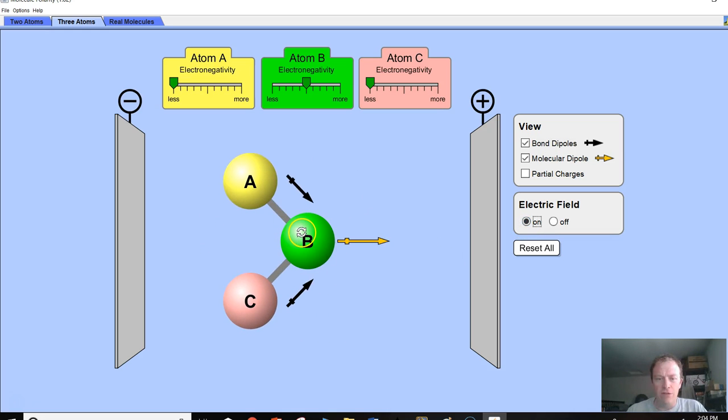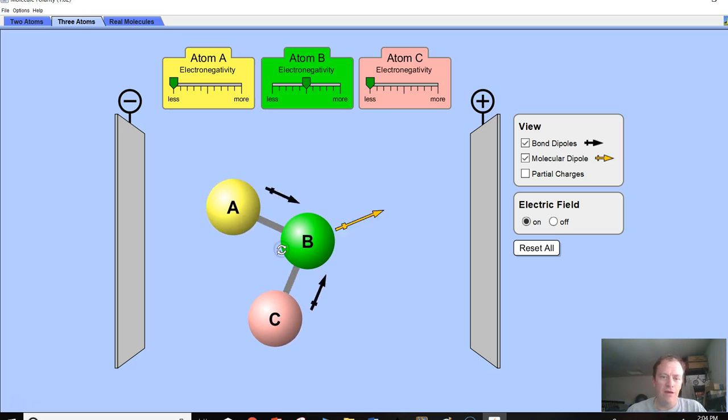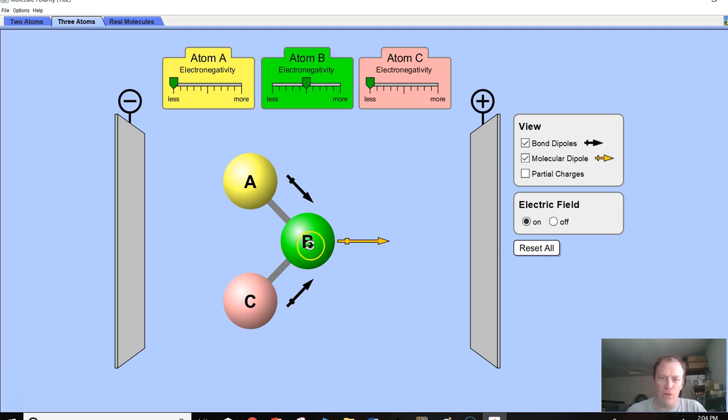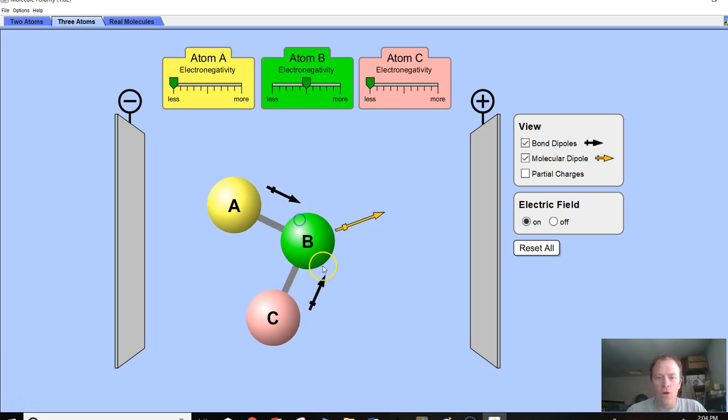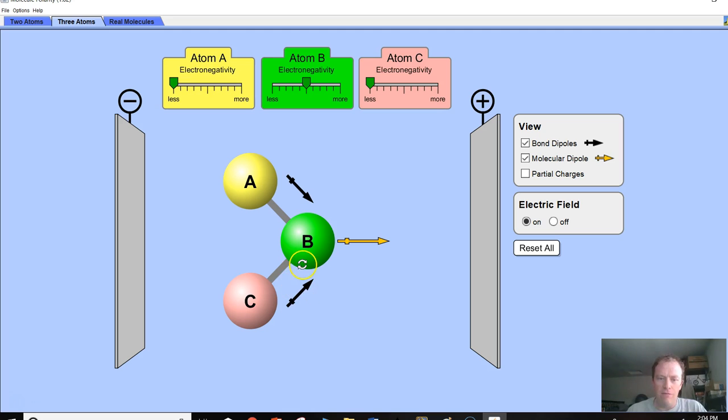If we turn on the electric field, we see that the B end of things is the negative side, because this molecule is always orienting itself so that the negative side is attracted to the positive plate and the positive side is attracted to the negative plate. And so the overall polarity comes from these two polarities added together, if you will, in both of these bonds.